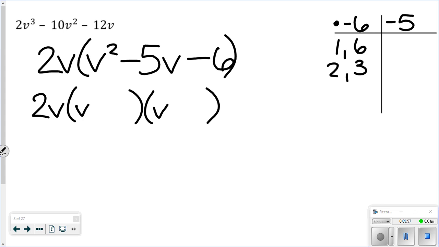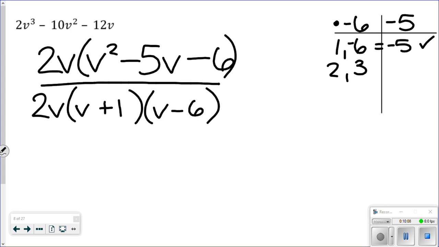So positive 1 and negative 6 gives us that negative 5. So v plus 1, v minus 6. A lot of students try to use 2 and 3 to make a combination of 5. But one has to be positive, one has to be negative, so this would not work. So that's our final answer. So now we're going to do a little bit of practice with these questions.